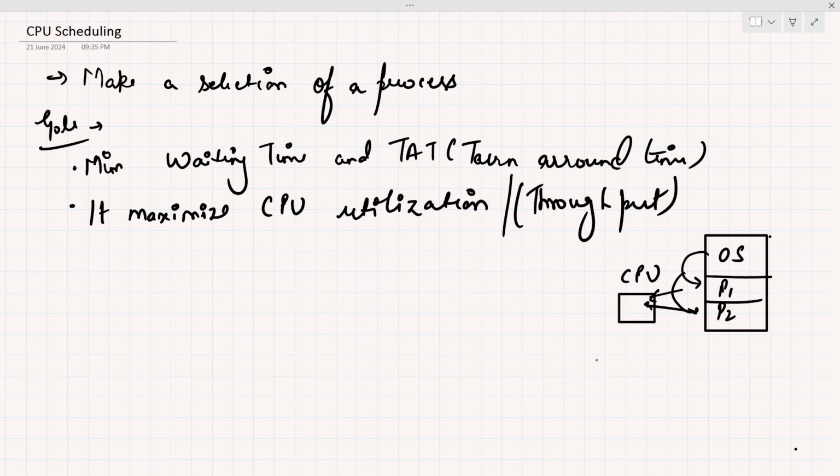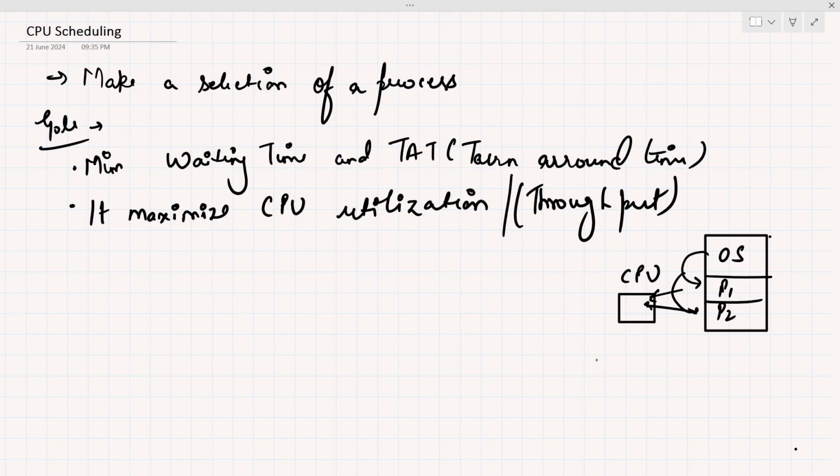We have so many algorithms. Some algorithms give maximum CPU utilization, meaning when we execute those processes, the CPU is utilized very efficiently. It gives us maximum throughput. But there are some algorithms which decrease the CPU utilization.